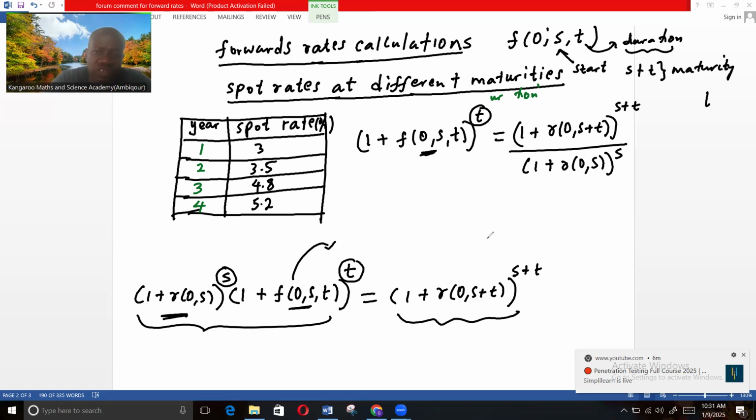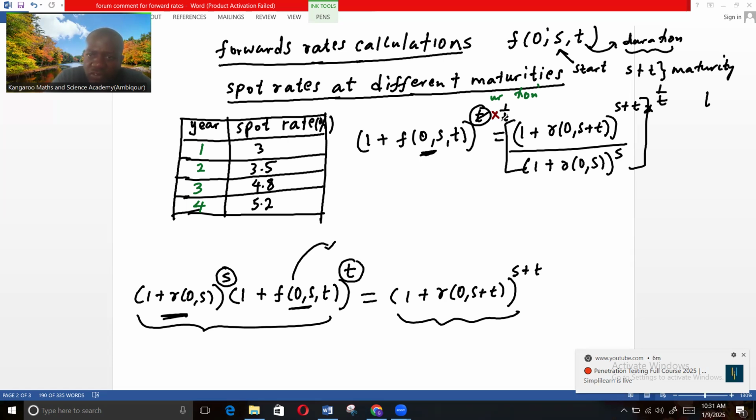We know we have to use exponents. Obviously, we're going to transpose, make the reciprocal. So we multiply by 1 over T on both sides. The whole of this would be multiplied by 1 over T.